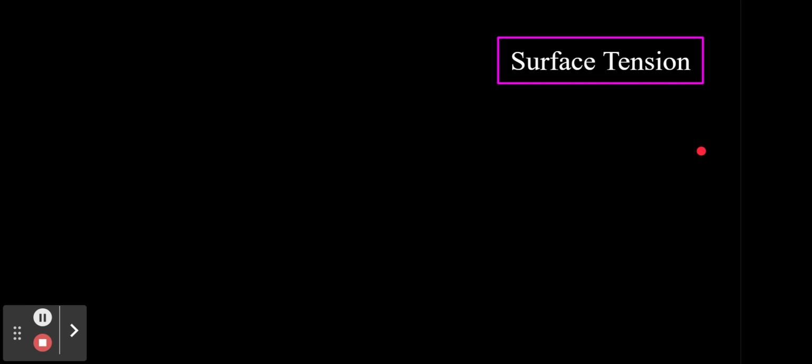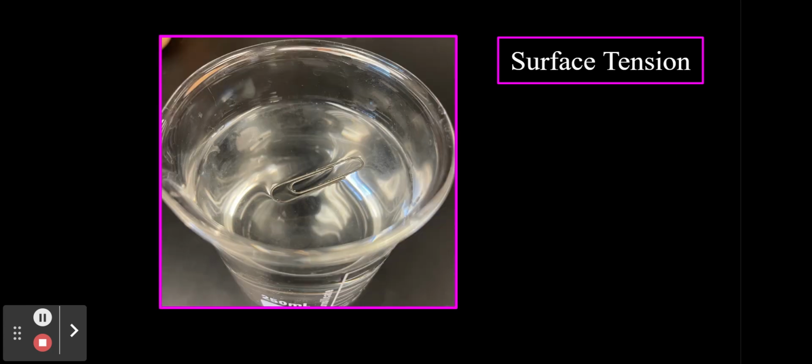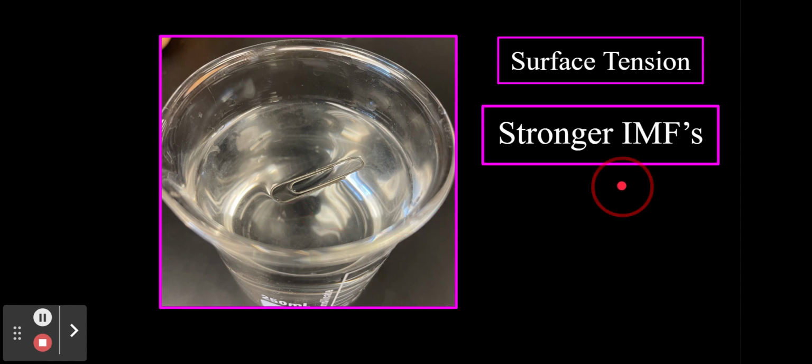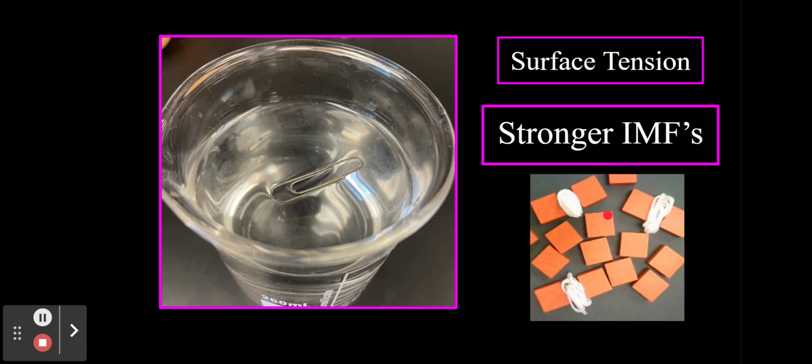Surface tension is the ability of a liquid to stay together at the surface. And here is some water, and you're able to float a paperclip on water because of its strong IMFs. The molecules don't want to separate. Here's an image of that.